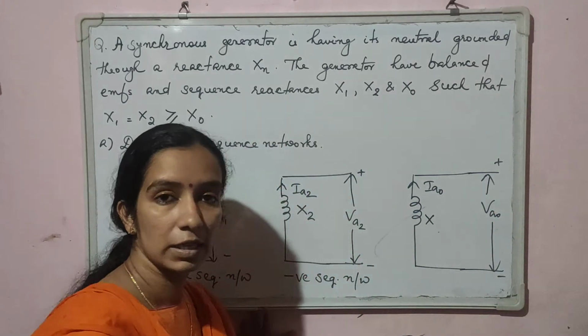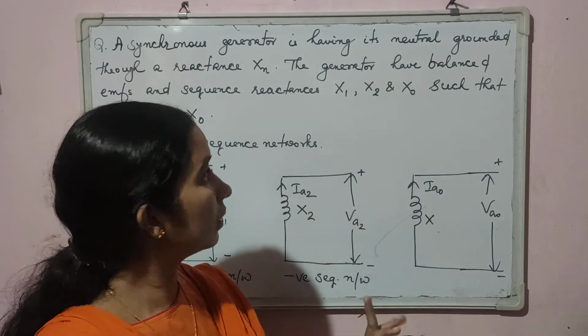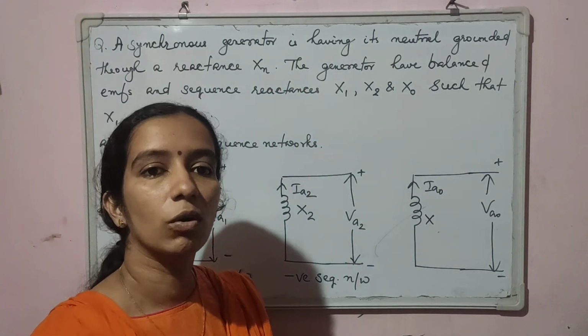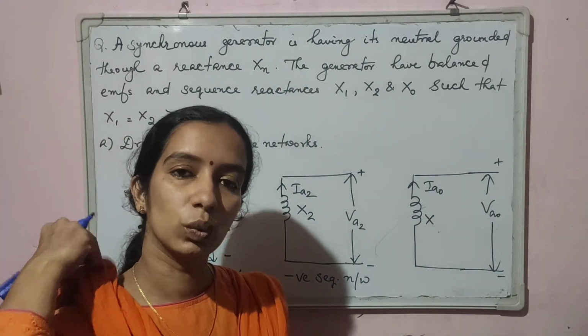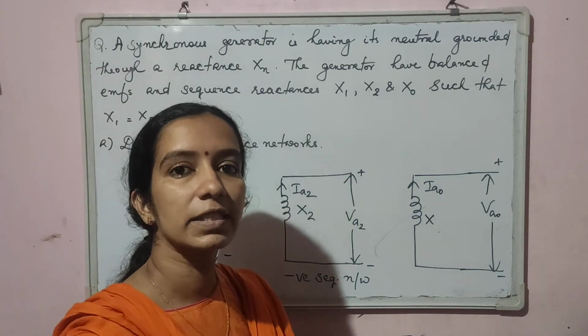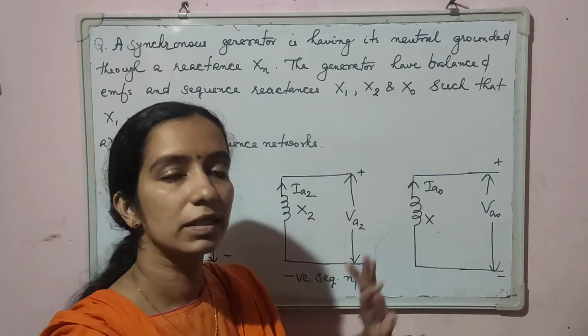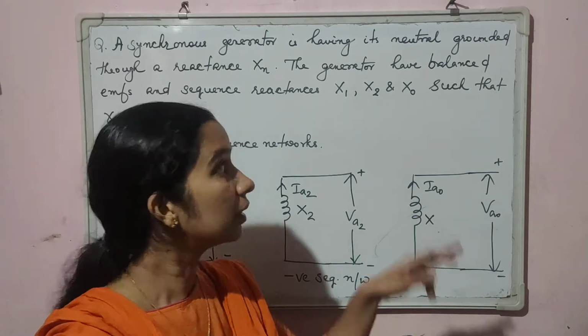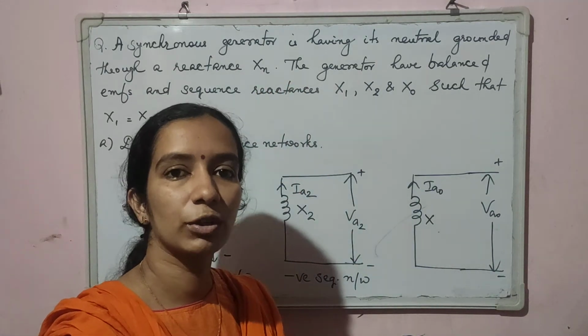Now, if the neutral of this alternator is grounded through a reactance Xn, that neutral grounding reactance will also appear in the zero sequence network, as 3 times the neutral grounding reactance.